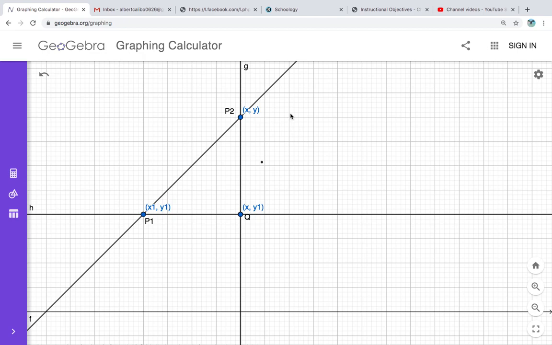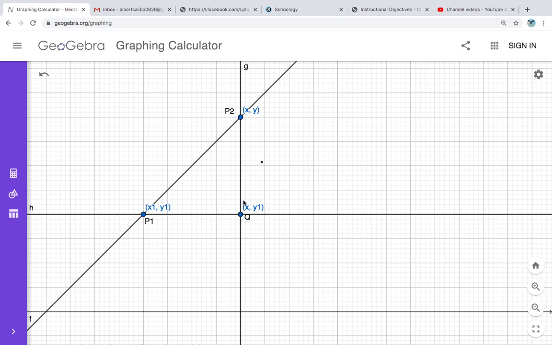Now, just like what we did earlier in slopes, we can draw a line passing through P2 which is parallel to the y-axis or perpendicular to the x-axis, and also a line passing through P1 parallel to the x-axis and perpendicular to the y-axis. And the intersection here is a point Q.